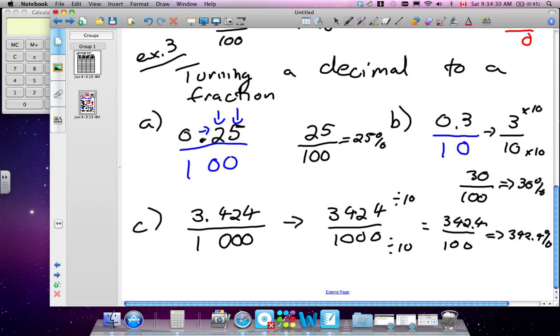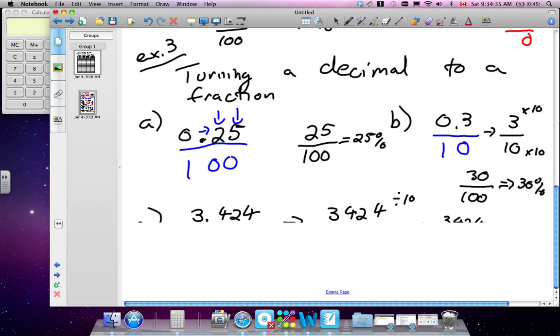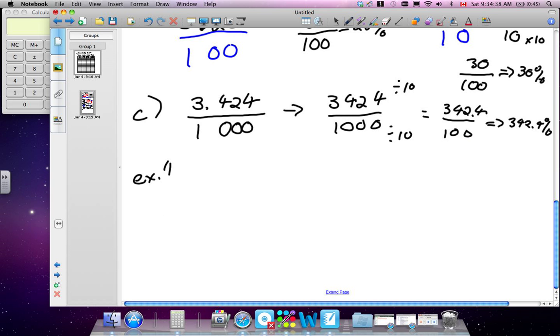Okay, and what's the last thing they have? Last thing they have is a mixed fraction. So say example 4, turning a mixed fraction into a percent.